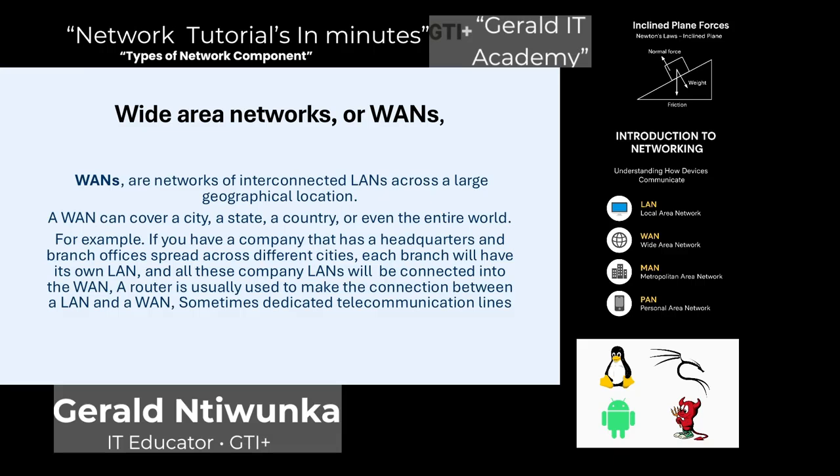And all this company local area network will be connected into a wide area network by a router, which is usually used to make the connection between the local area network and a wide area network. Sometimes dedicated, when you have telecommunication lines.